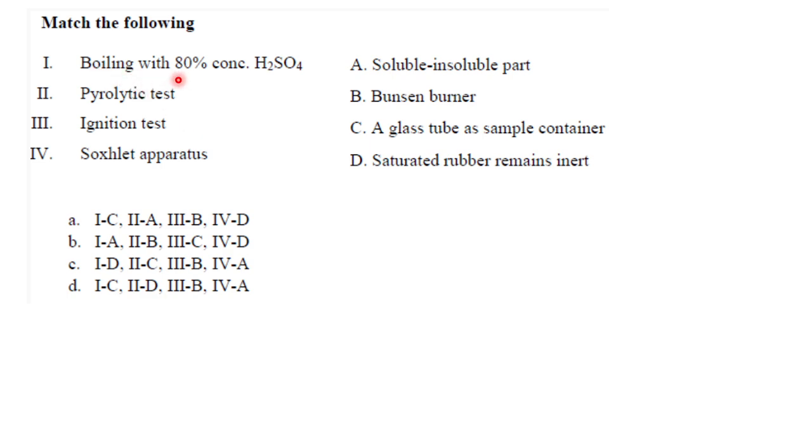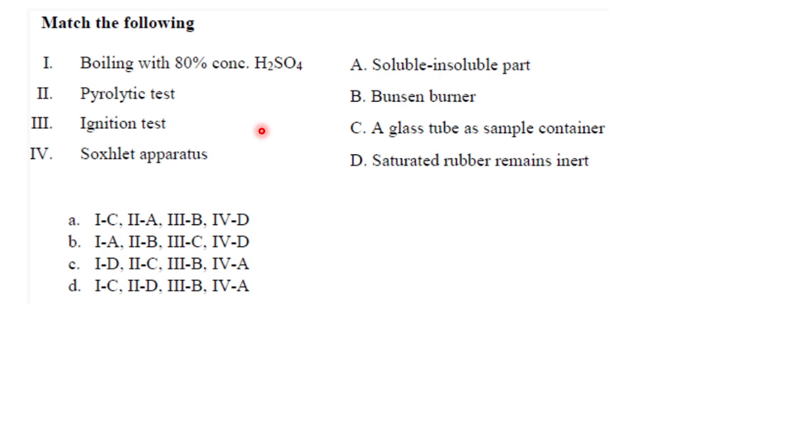So the first is boiling with 80% concentrated sulfuric acid. The second one is the pyrolytic test. The third is the ignition test and the Soxhlet apparatus. Which one will be the right answer? For base rubber, you need to do this test.